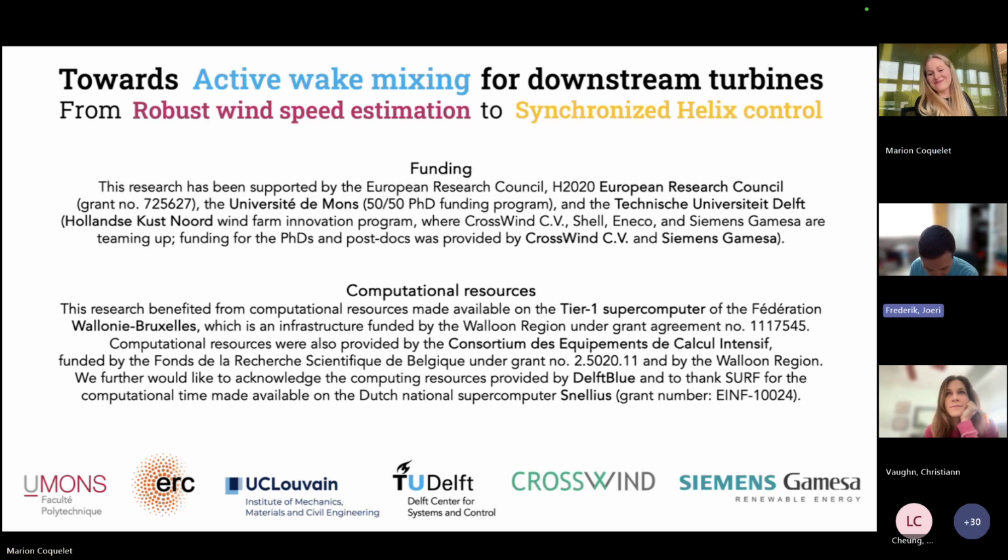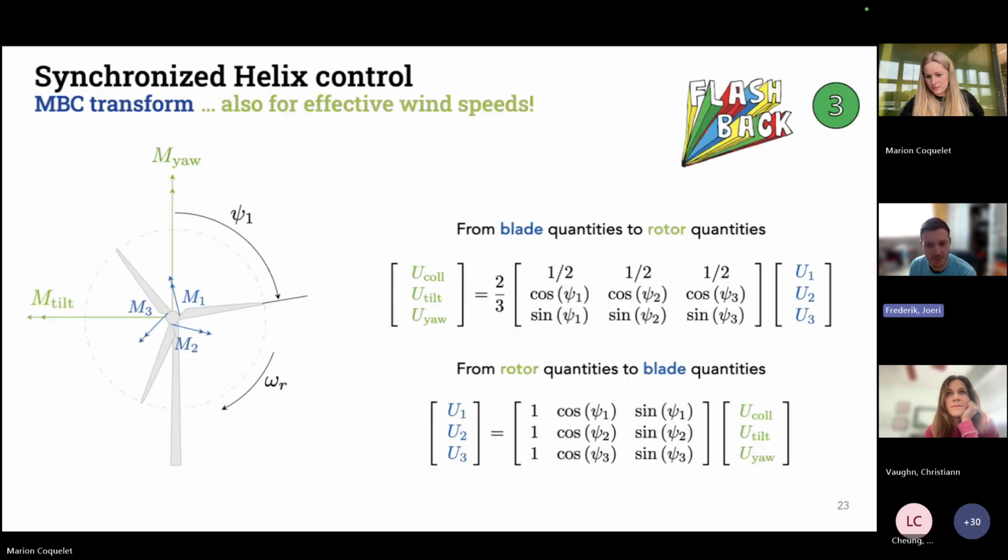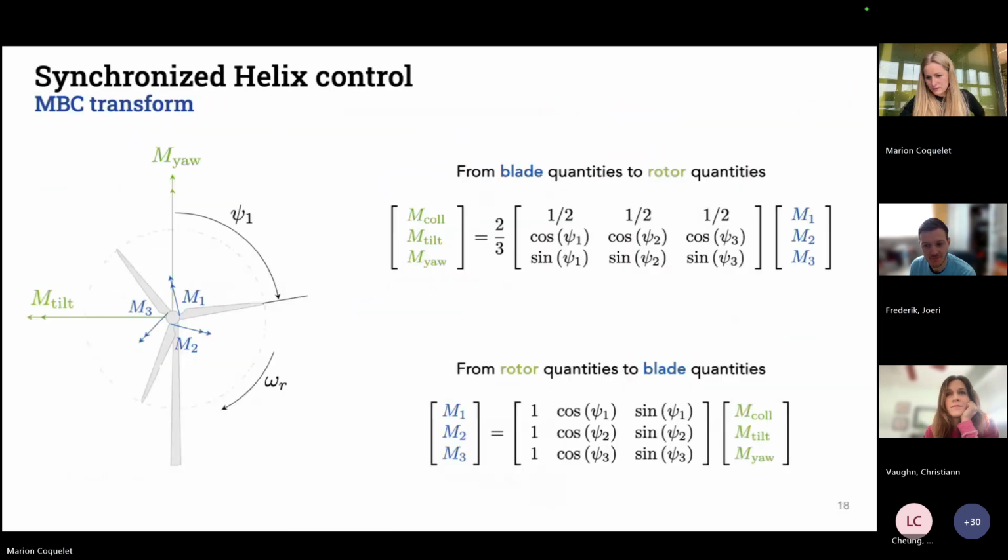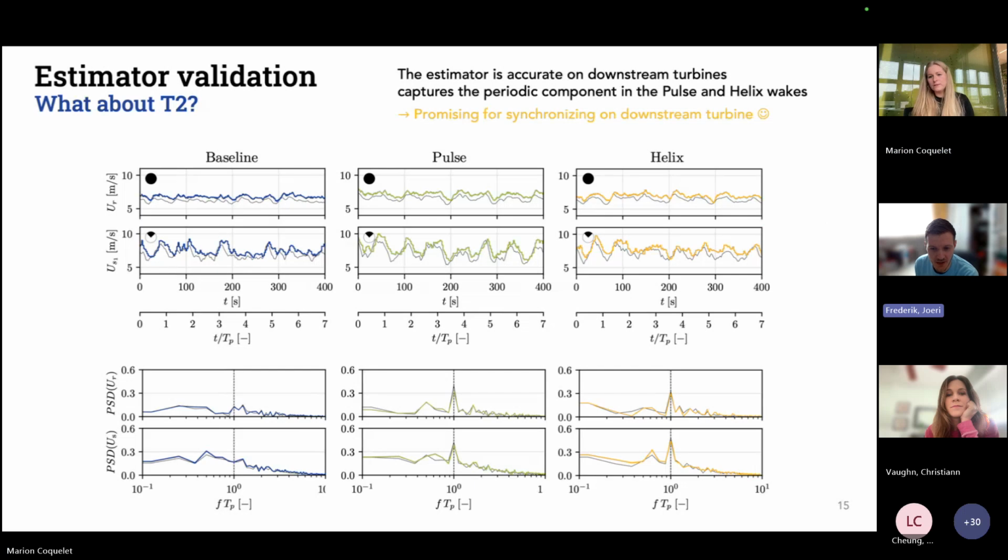So on slide 15, I think it was. Can we go back to that? Yeah. So here on the right bottom plot, which shows the PSDs, you see a peak at the excitation frequency at the helix for both the full wake and the section, right?